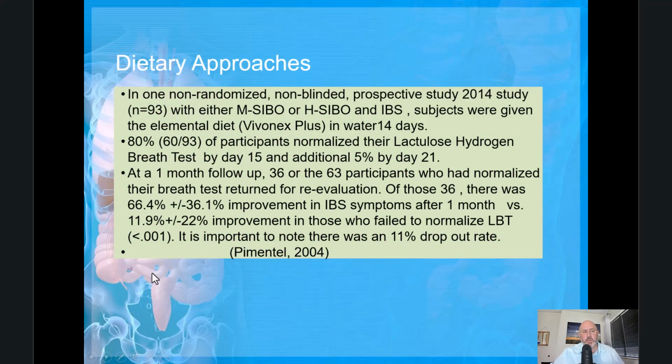Some dietary approaches have been used as monotherapies, including the elemental diet. I'd pay attention to this space because if you're wanting to avoid antibiotics altogether, there is some up and coming data that an elemental diet, which is a specific liquid beverage diet that is difficult to follow, can normalize breath tests, and it might be an option for those wanting to avoid antibiotics.